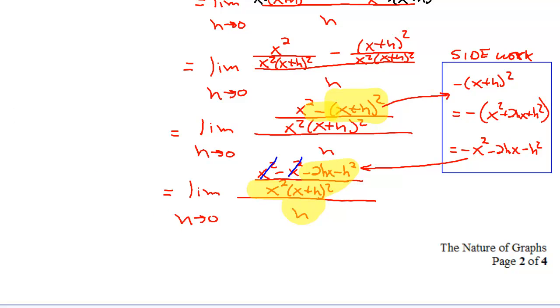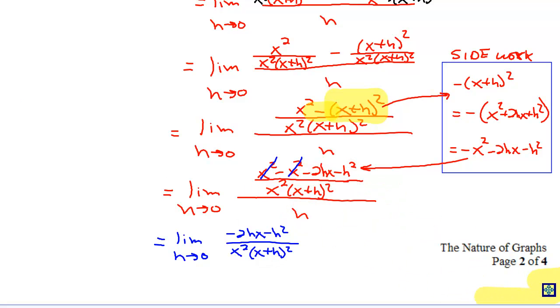So how do we fix that? Let me tighten this up a little bit. Here's what we do. So we have negative 2hx minus h squared divided by x squared times the sum of x and h squared. Now we were dividing by h.